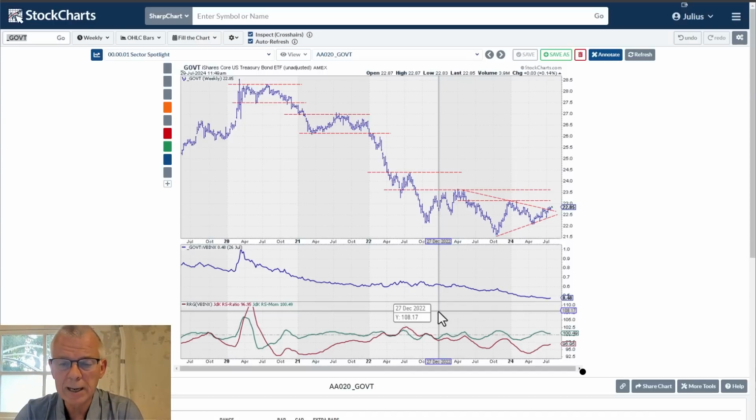If we take a look at the bond market on government bonds, you see GOVT here, which is the aggregate ETF that covers all maturities on the yield curve. It's breaking out on the upside, which is positive in terms of price, and that means pushing yields down, which in general would mean a positive sign for the stock market, but it's not translating like that at the moment.